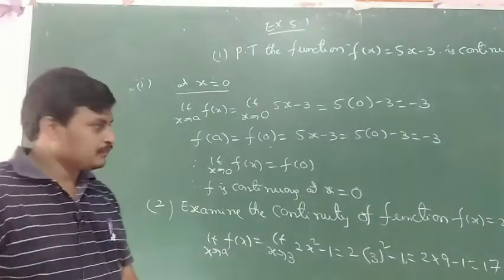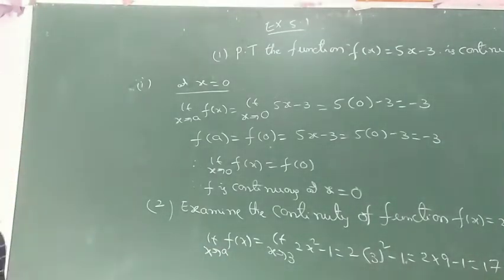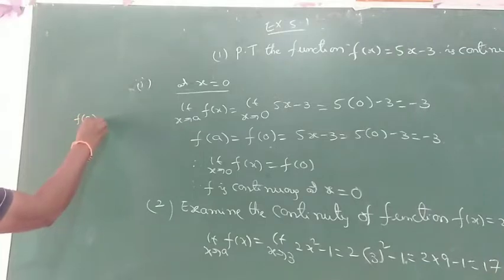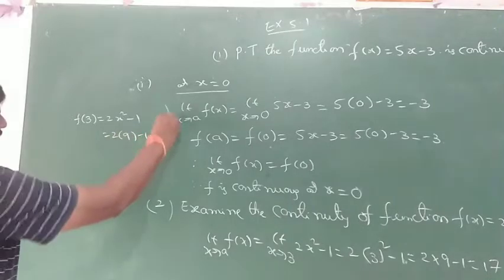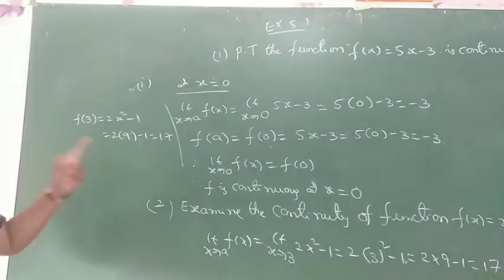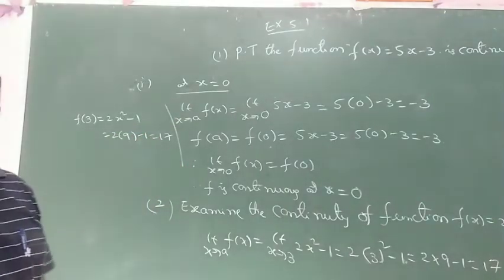Next, second one. f of a means f of 3. 2x square minus 1, 2 into 9 minus 1 is equal to 17. This also exists.